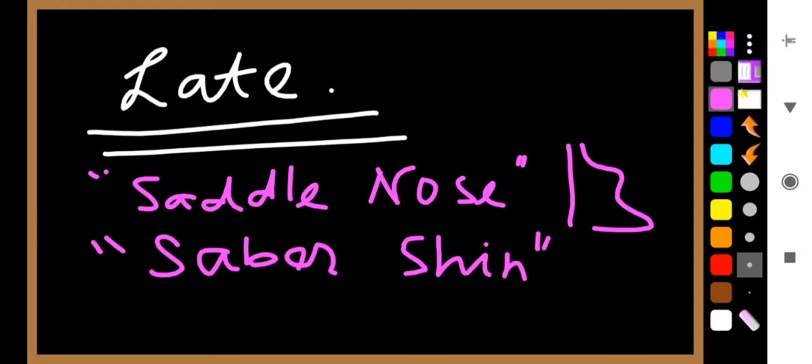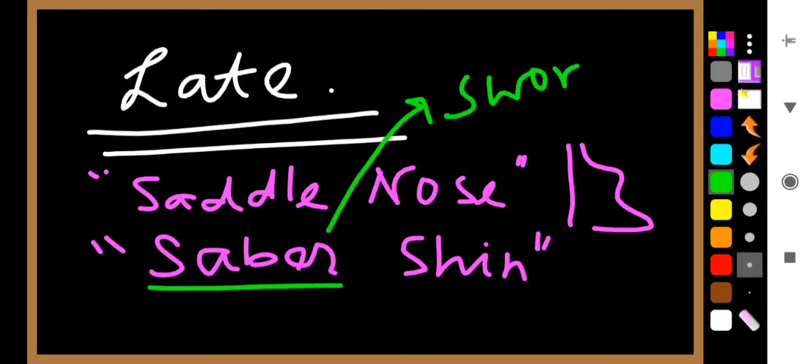So what is saber shin? Saber means sword. So your shin, your tibia, will look like a sword. It will become sharpened. So that is saber shin.